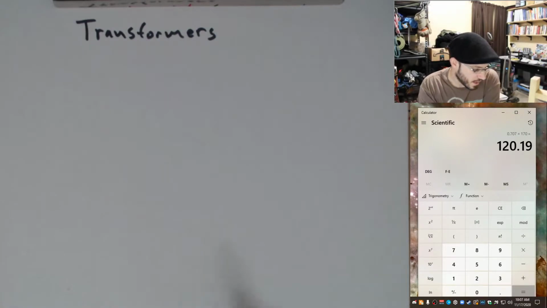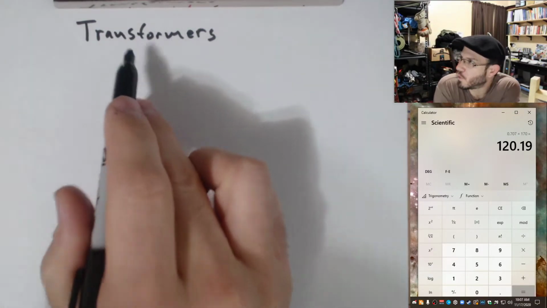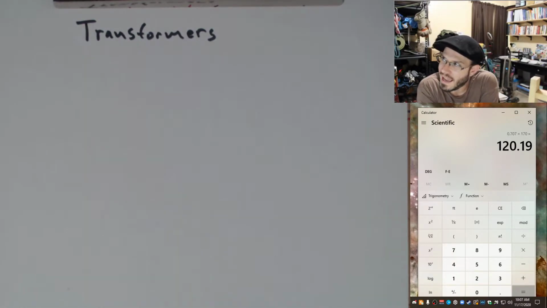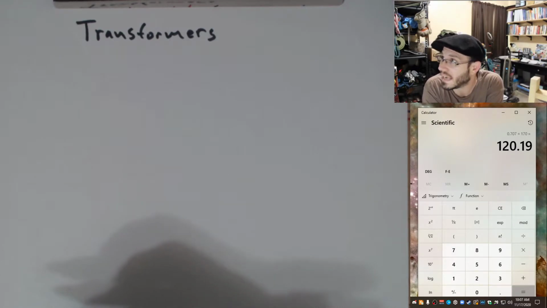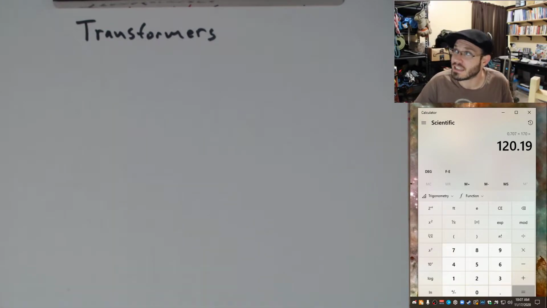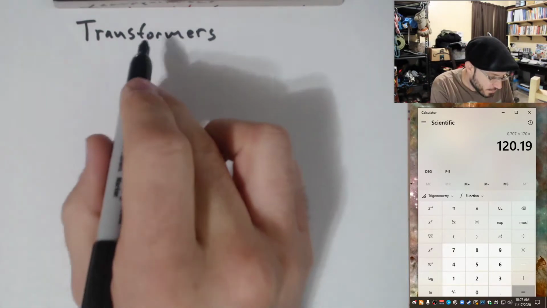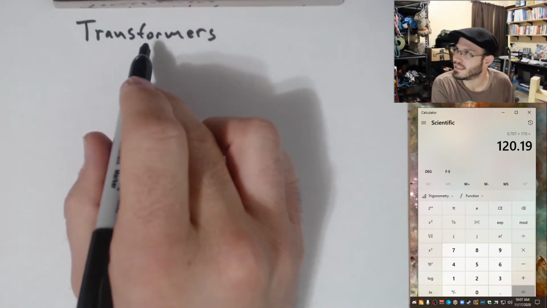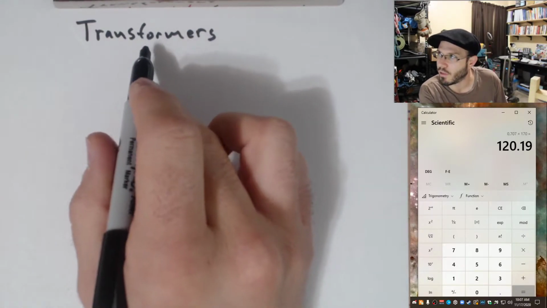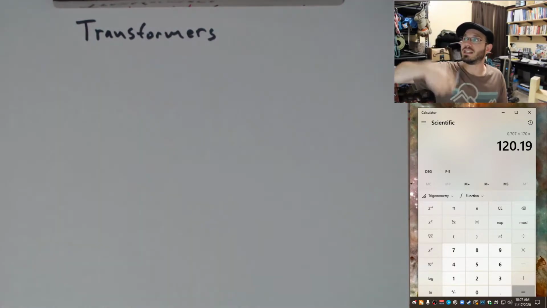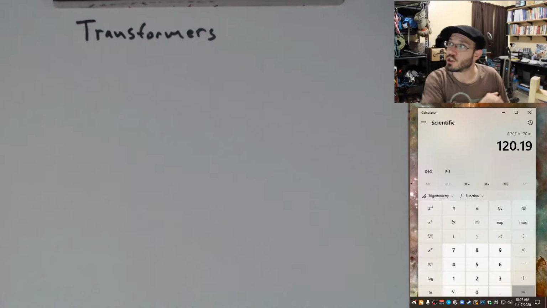Now, Transformers, this is probably the reason why AC won. Actually, I can tell you for sure. This is the reason why Nikola Tesla ended up winning in the AC versus DC argument. Because transformers are a very simple device that give us a very powerful thing that we can do with AC voltages. We can make a voltage higher, or we can make a voltage lower.